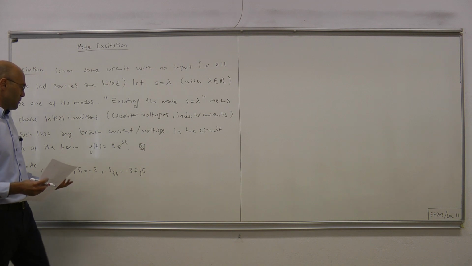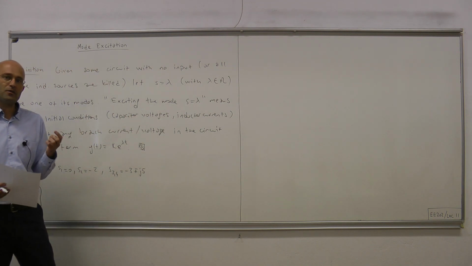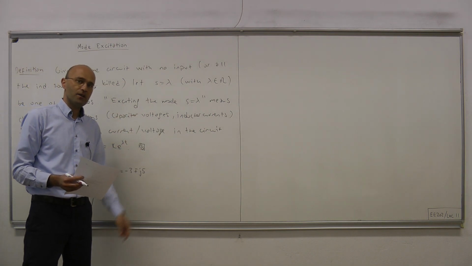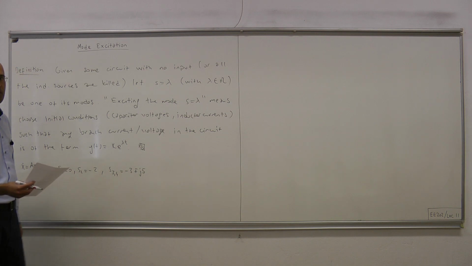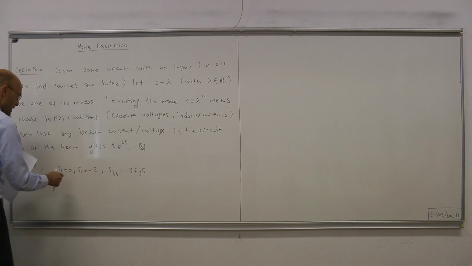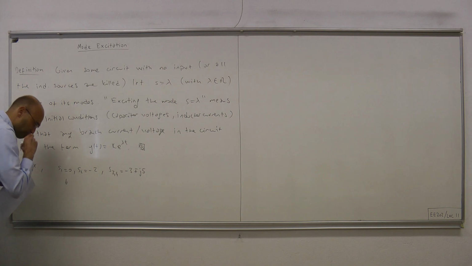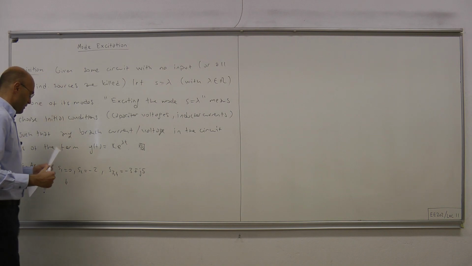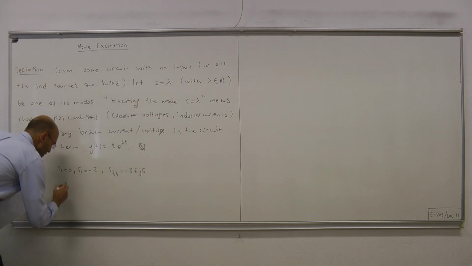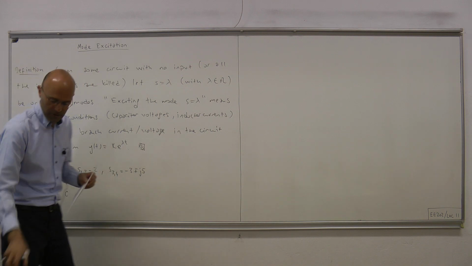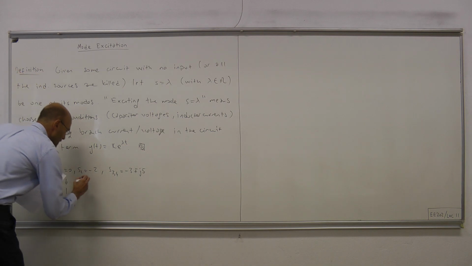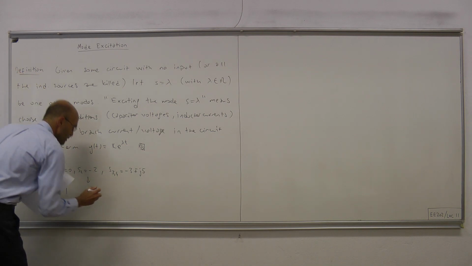Now, since there is no input, the response will be natural response. And the natural response will, in general, for an arbitrary set of initial conditions, be composed of certain terms, and those terms are determined by the natural frequencies. For instance, s1 at 0 will produce the term e to the 0 times t, which is for all t constant. Therefore, this will produce a constant term, or let's call it 1 for the sake of simplicity. This guy will produce e to the minus 2t.